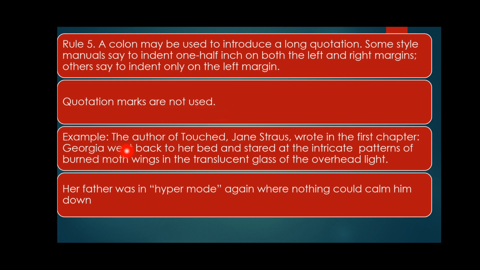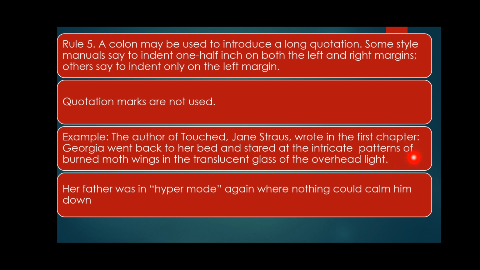For example, the author of Touched, Jane Straus, wrote in the first chapter: Georgia went back to her bed and stared at the intricate pattern of burned moth wings in the translucent glass of the overhead light.